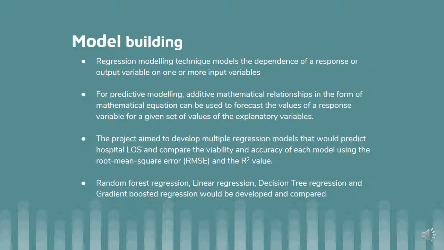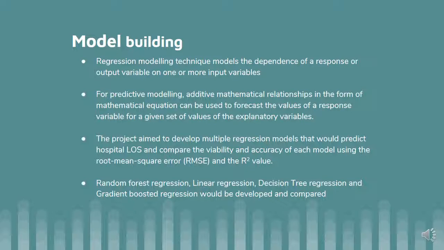There are two ways to determine the accuracy of regression models: the root mean square error, or RMSE value, and the R-square value. The root mean square error value projects the differences between the predicted value of the response variable and the actual value from the observation.